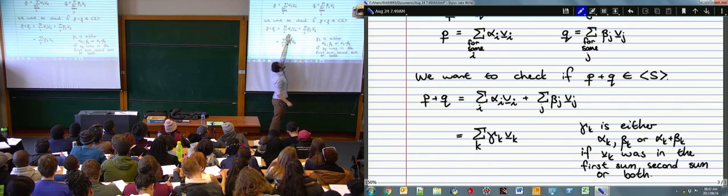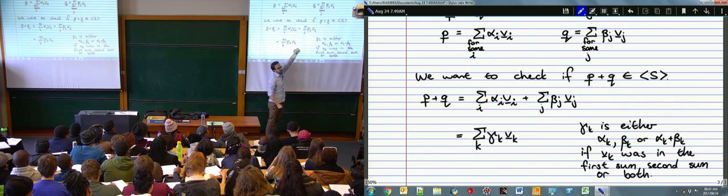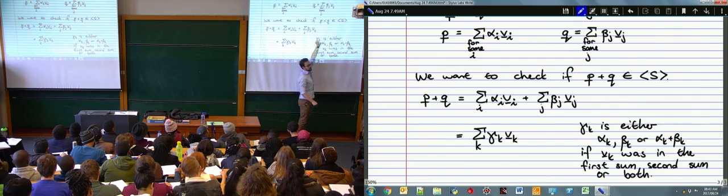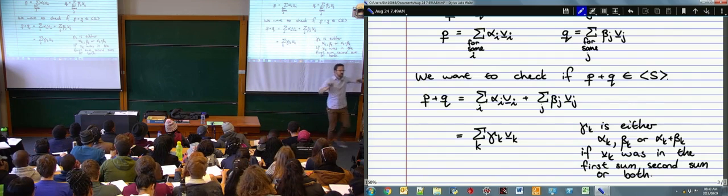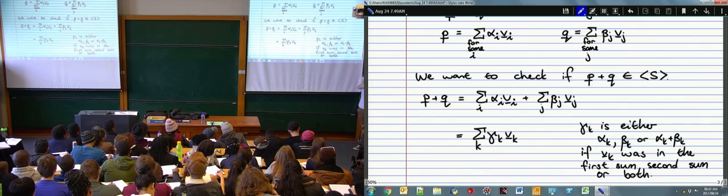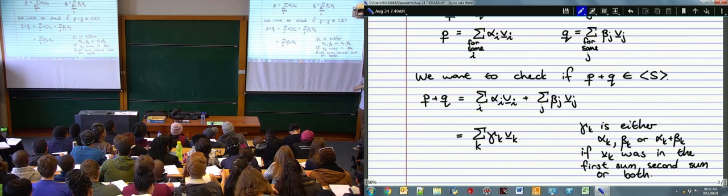So we're adding up a whole bunch of vectors. These vectors vi all come from S, and these vectors vj also all come from S. But there's no guarantee that they're the same. The first vector P might be adding up, say, v1 plus v3 plus v5 plus v7 and so on, and the second sum might be v2s and v4s and v6s and v8s. So there's no guarantee that there's any overlap between them.